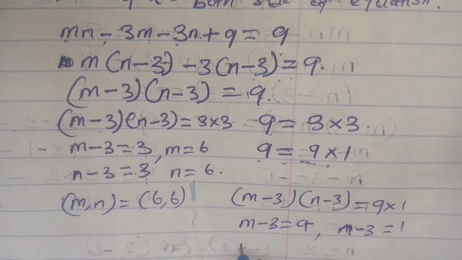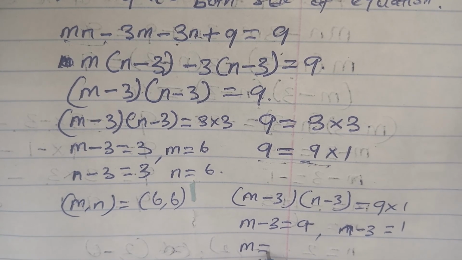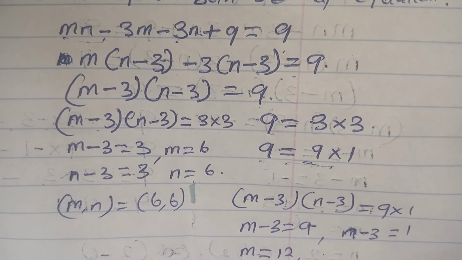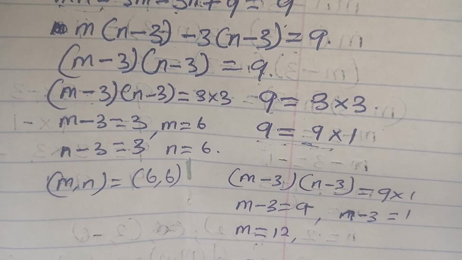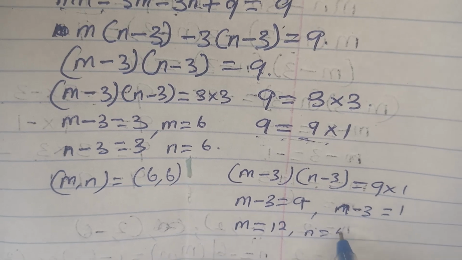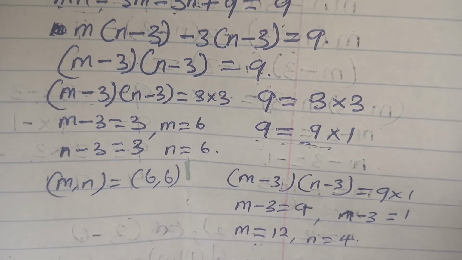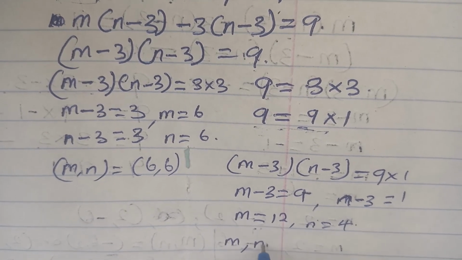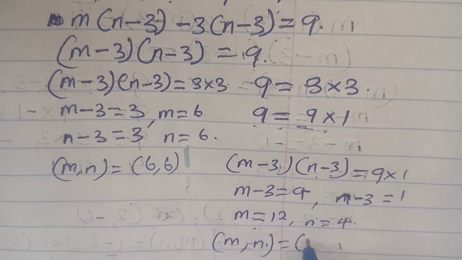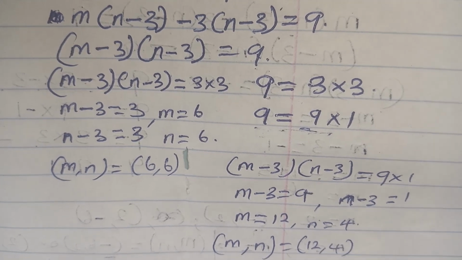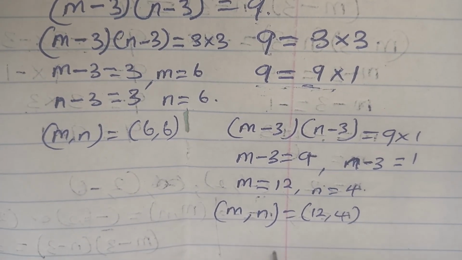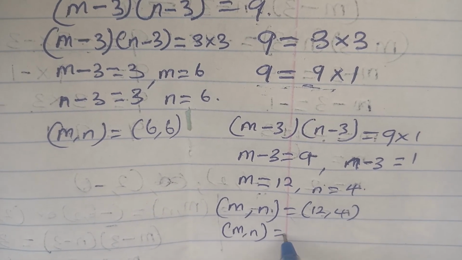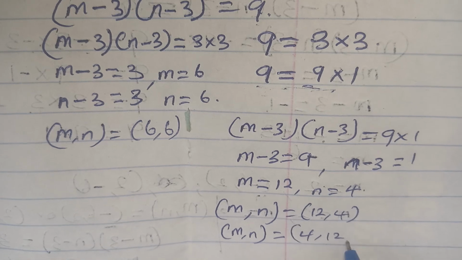So from here we can say m is equal to 12, while n is equal to 4. So from here we can say m, n is equal to 12, 4. So if we interchange the values, we can say m, n is also equal to 4, 12.